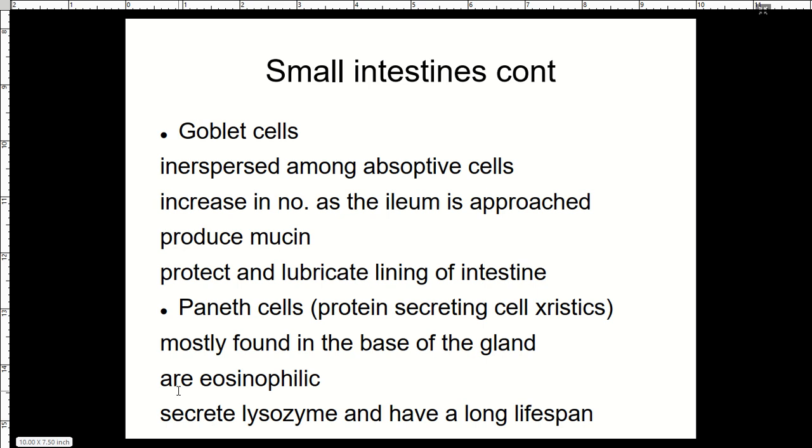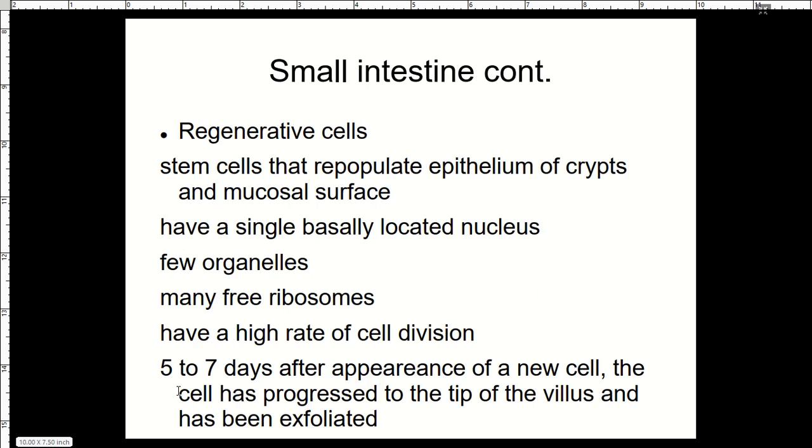We also have the Paneth cells, which are mostly found at the base, and they are eosinophilic at the apical and basophilic at the base. Regenerative cells are pluripotent stem cells that regenerate the small intestines, right?